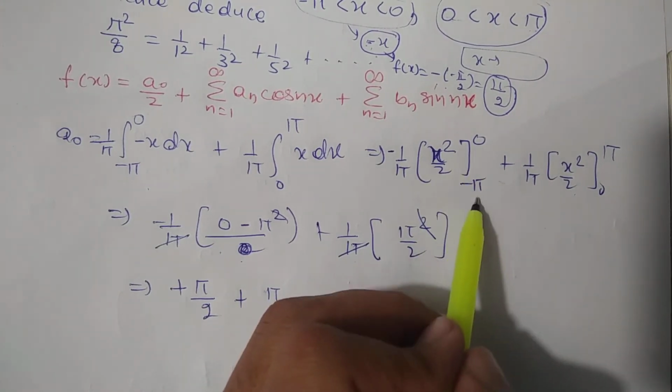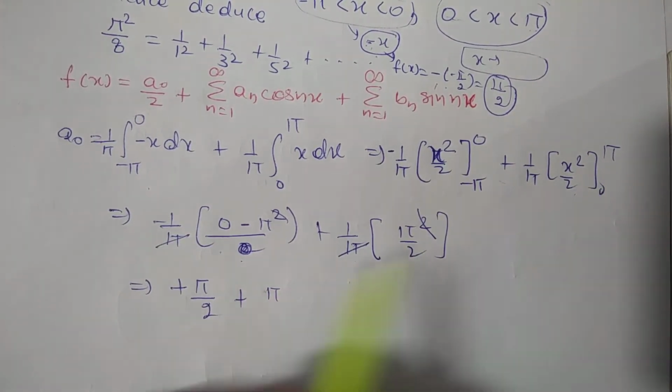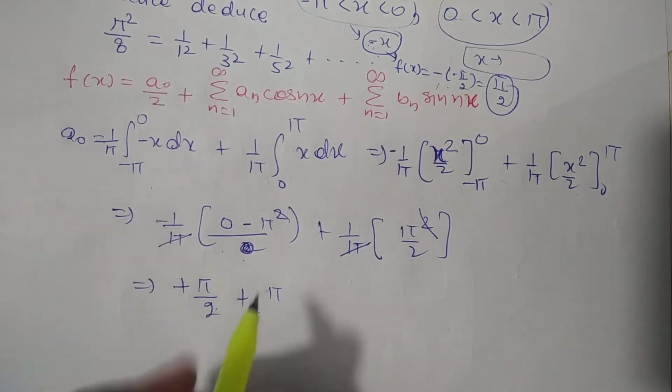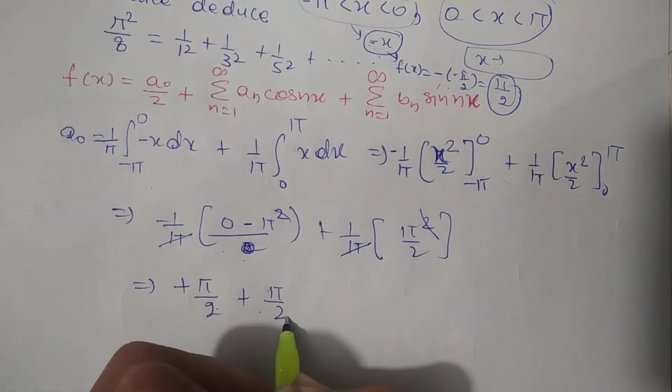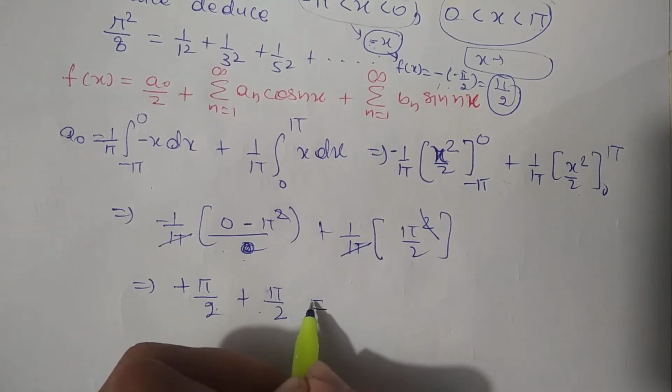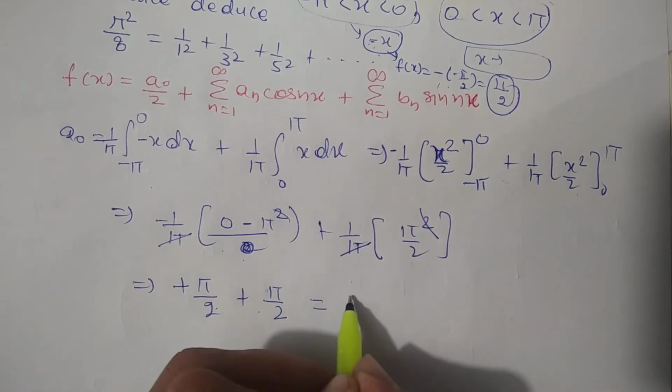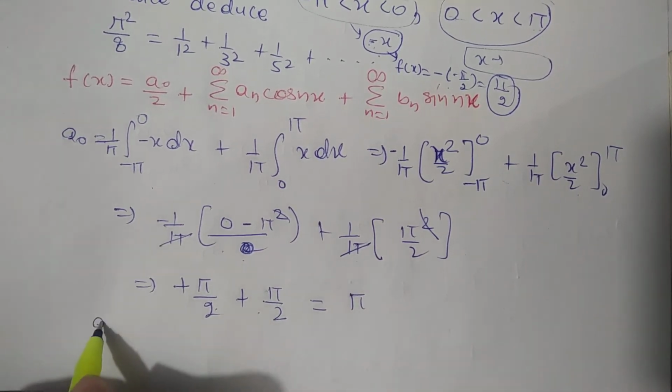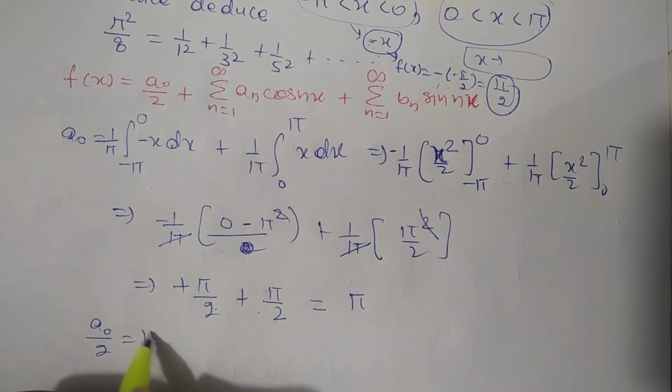Here pi will cancel out one pi, and the minus signs will add on. So this value is pi by 2, and this value is also pi by 2. Adding these we get pi only, and the value of a naught by 2 will be pi by 2.